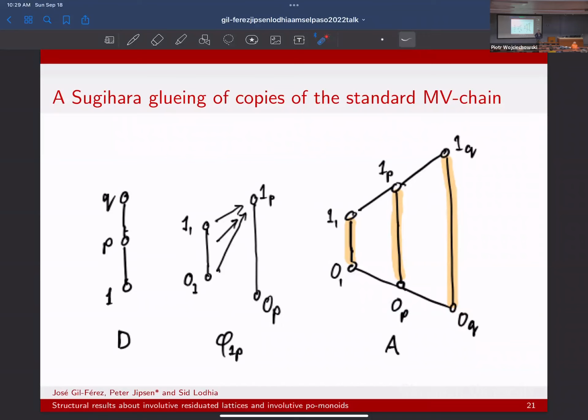Locally integral involutive residuated lattices are the algebraic counterpart of a very specific substructural logic that previously hadn't been recognized as being of central interest in this area. I think that's what these results are saying, that these three axioms of local integrality are very interesting and important, because they reduce the structural theory from the general case to the integral case. That's what the results I talked about do.